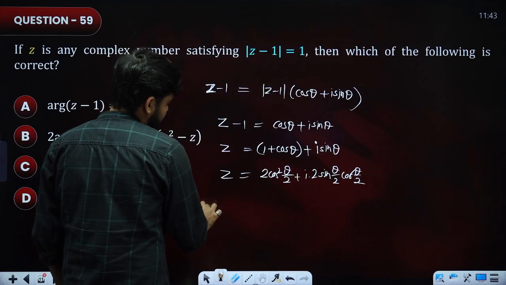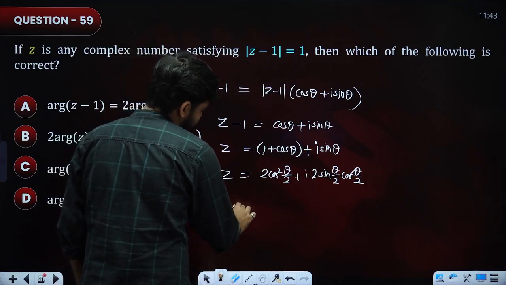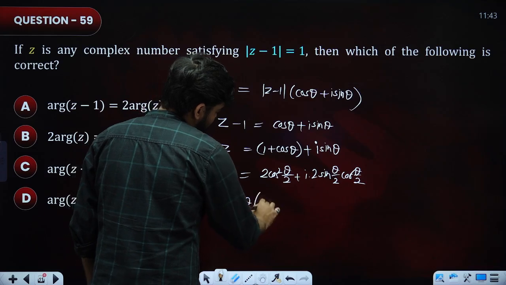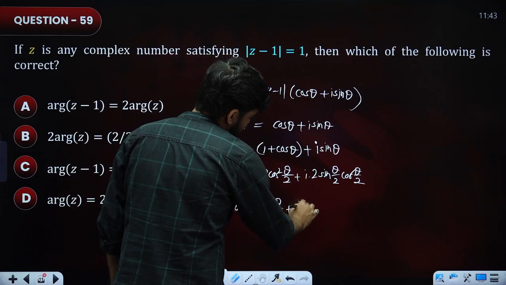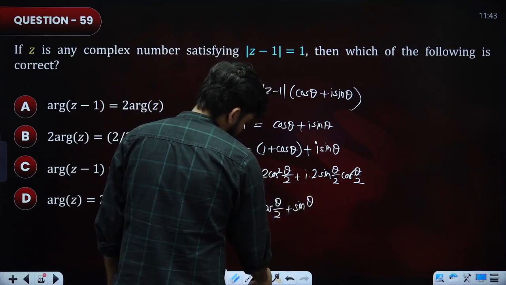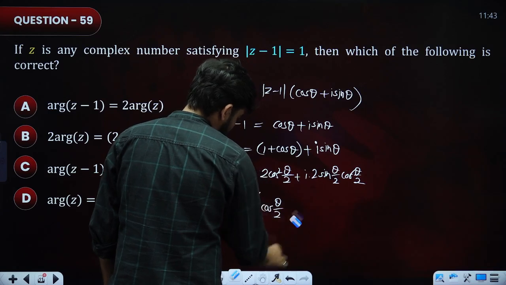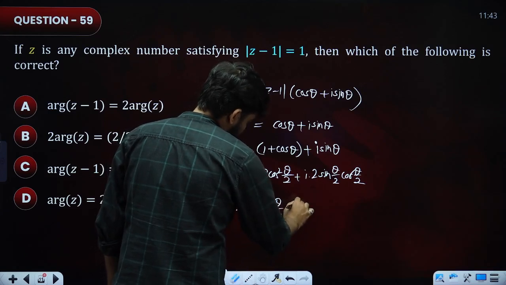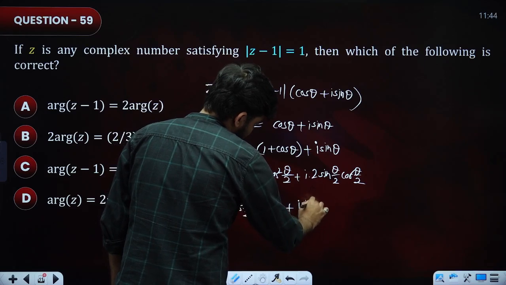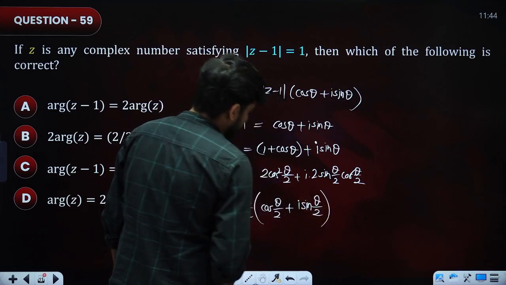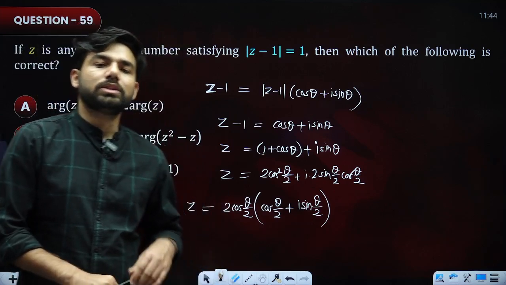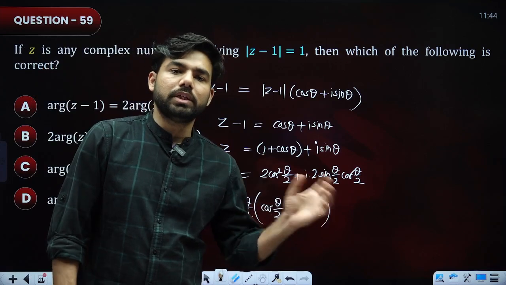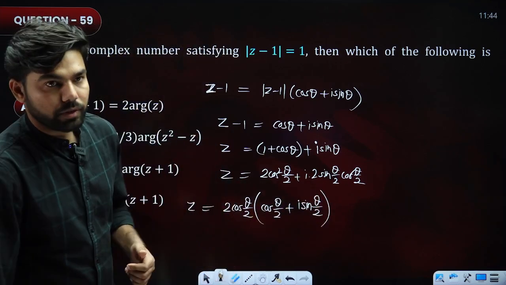So for that case, z is equal to 2 cos theta by 2 into cos theta by 2 plus iota sin theta by 2.